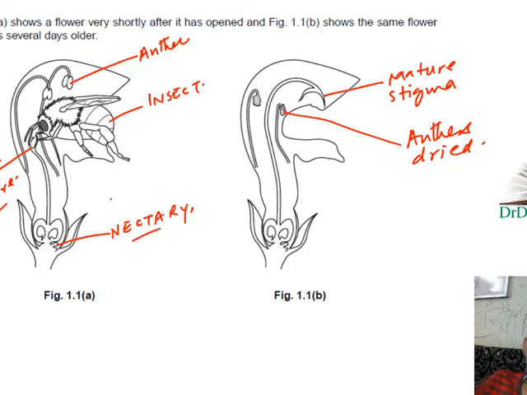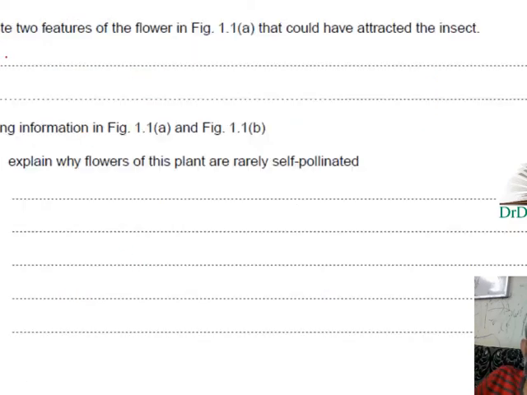The nectary could have attracted it, and this is a big petal. The big petal could have attracted the insect. So I will write here nectaries and big petals. Nectaries will produce sweet nectar for the insect, and the big petals will provide a platform to sit there.